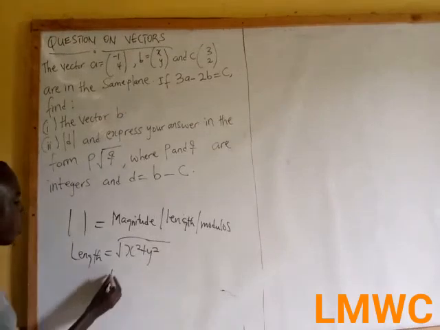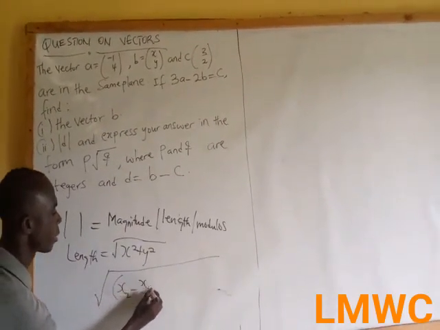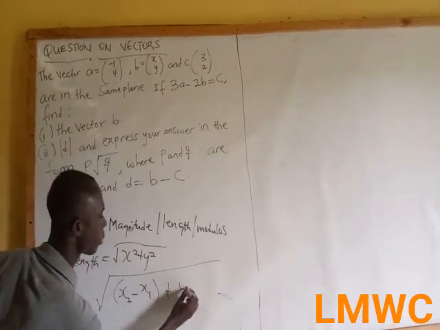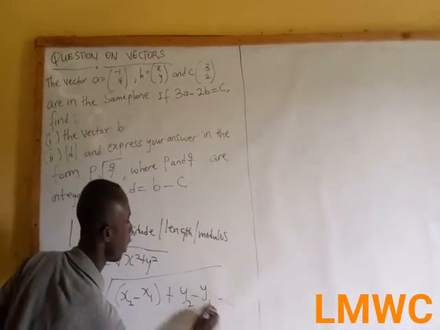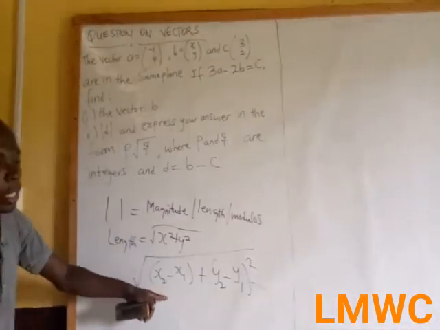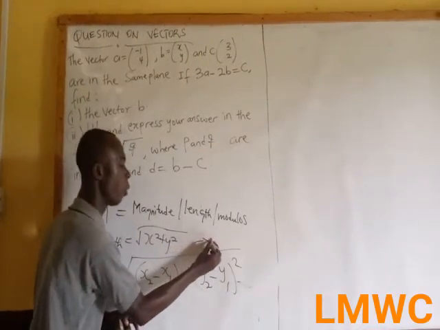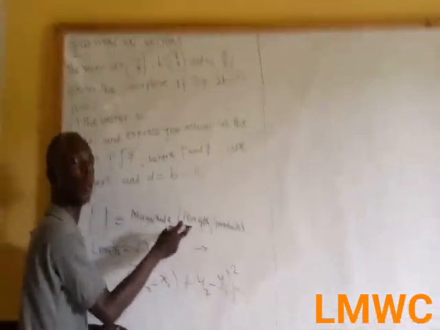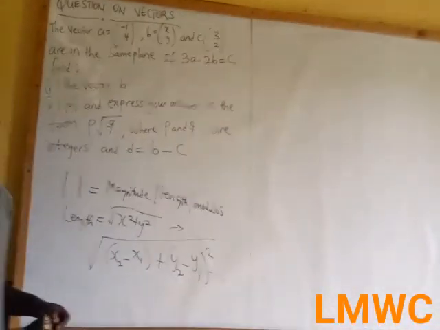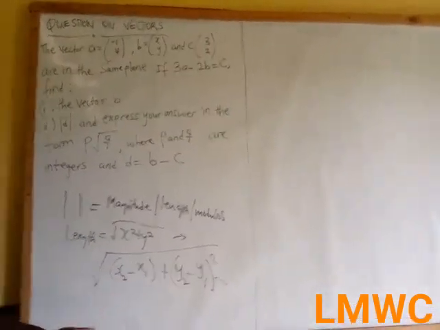We also have another formula: the square root of (x2 minus x1) squared plus (y2 minus y1) squared. We use this formula whenever you are given two coordinates, and we use the first formula when you are given only one coordinate. So take note, these are the formulas for length or magnitude.